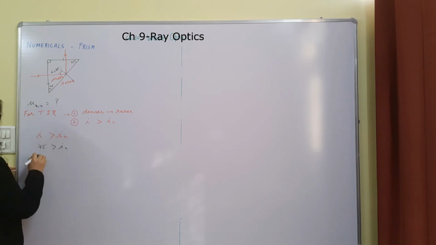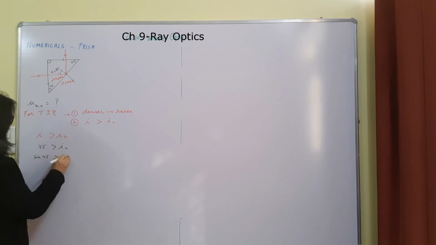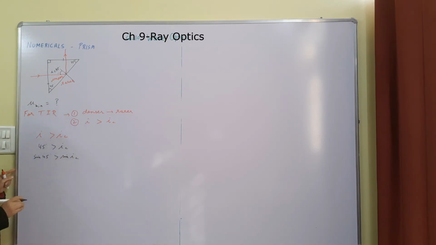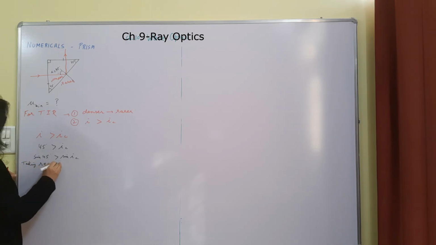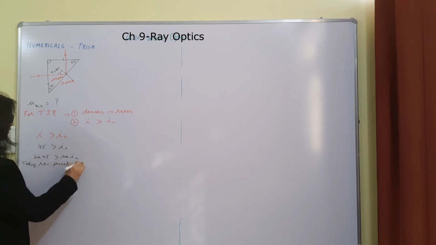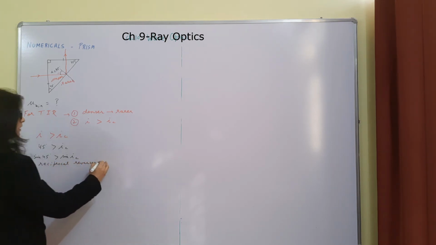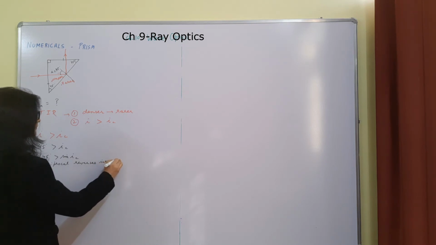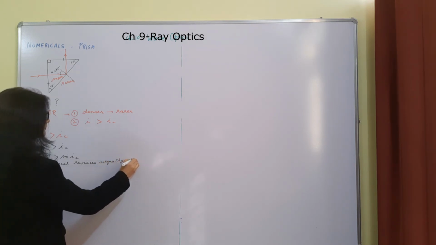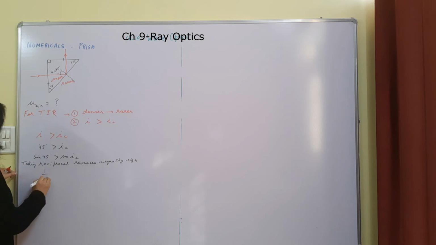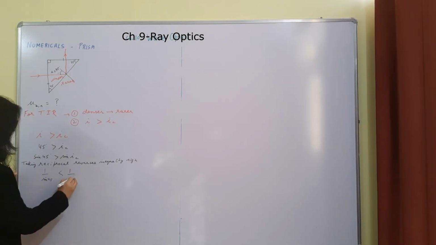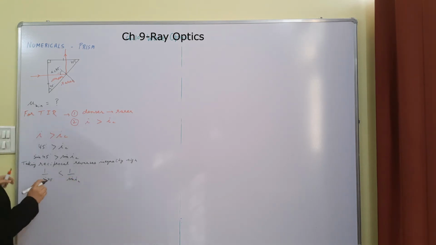If we take the sine, 45 must be greater than sine IC. Or we can take the reciprocal; taking reciprocal reverses the inequality sign. So you can say 1 upon sine 45 is less than 1 upon sine IC, right?